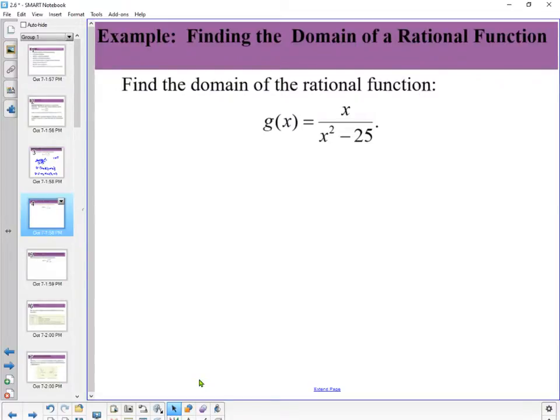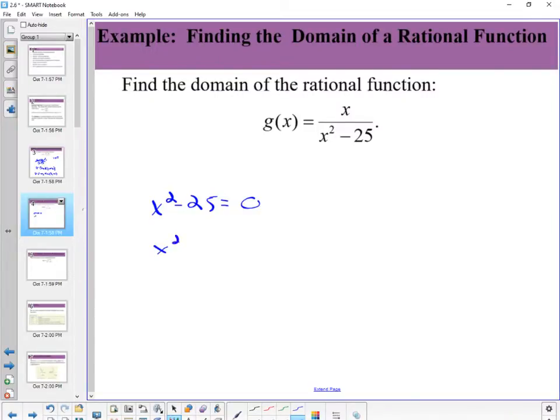Alright, cool. Here we go. So, what cannot be the denominator here? What can this not equal? It cannot equal 0. Okay? It cannot equal 0. So we ask algebra, hey algebra, when does that equal 0? Right? Because that's going to lead us to finding those values.